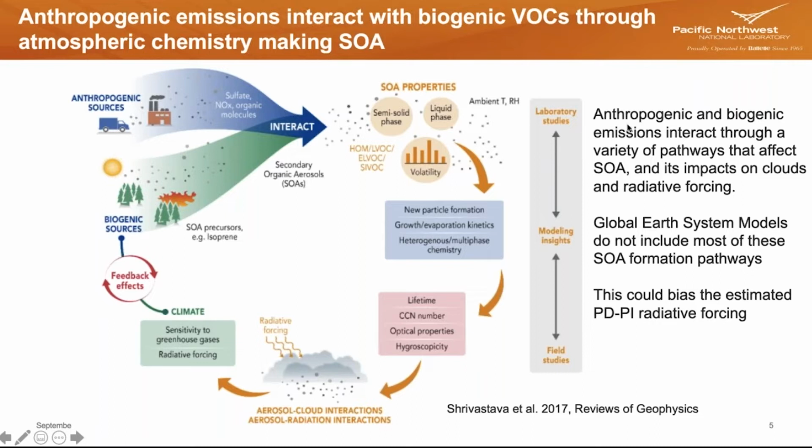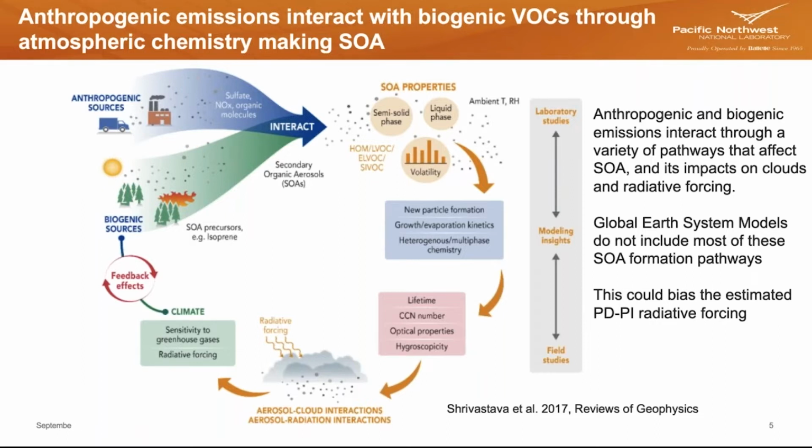So the key point here is that in this review article, we really went through and looked at what was known at that time about some of the key uncertain processes of SOA, and we have made a lot of advancements with measurements in the last decade or so, both from field measurements and laboratory measurements with much more advanced instrumentation.